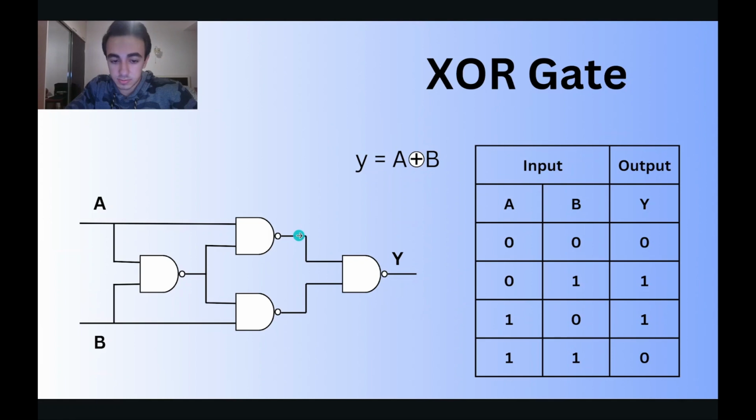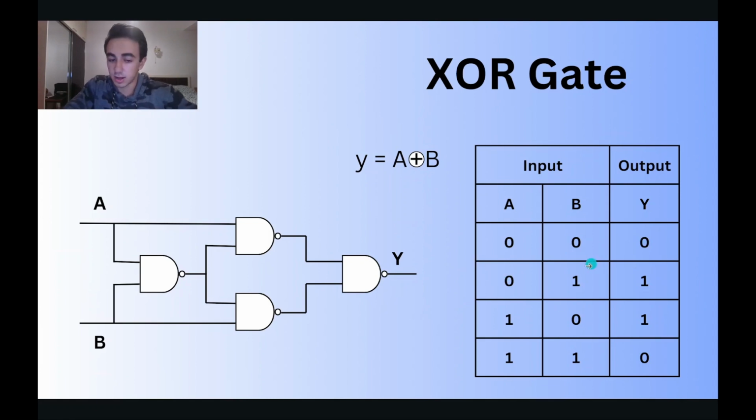And here we have 1 and 1. And because the AND gate outputs 1 when the inputs are 1, 1, the NAND gate returns the inverse value, that is 0. Here we get 0. We see that it's true.